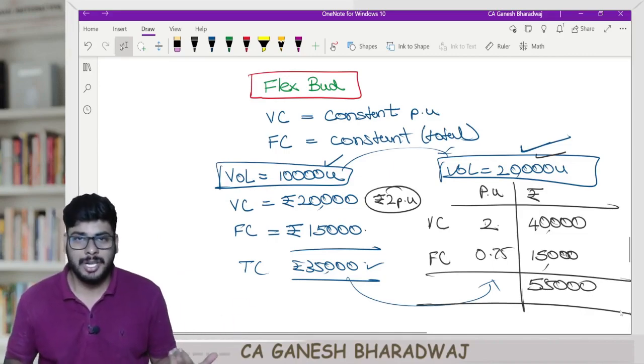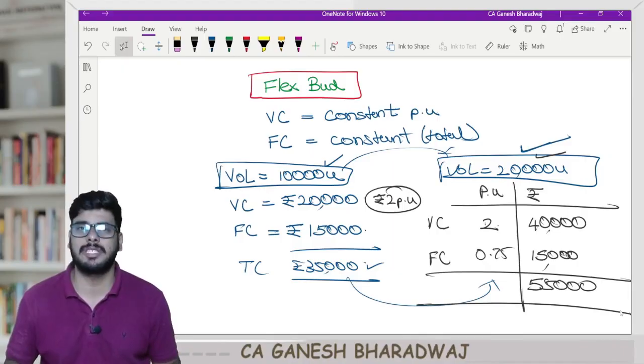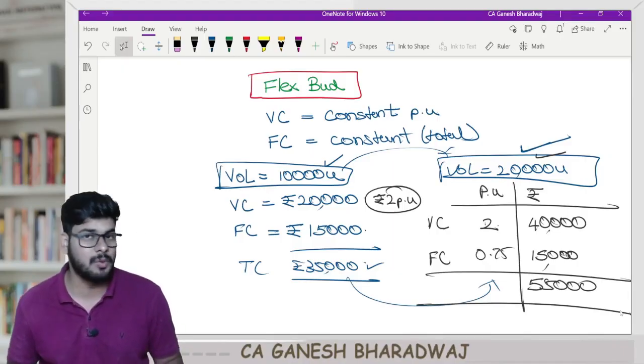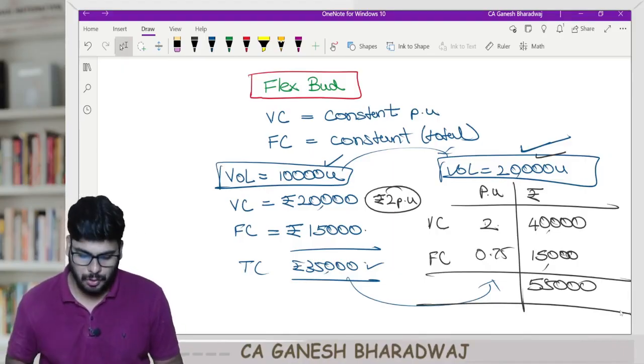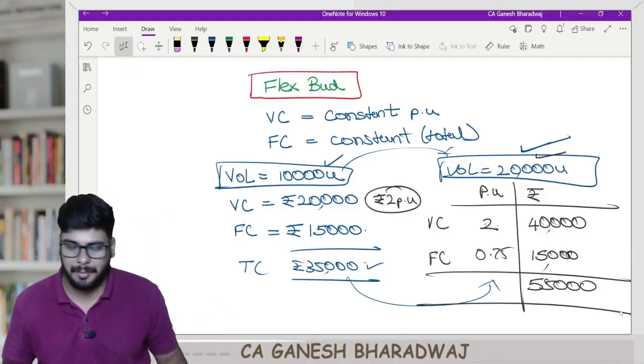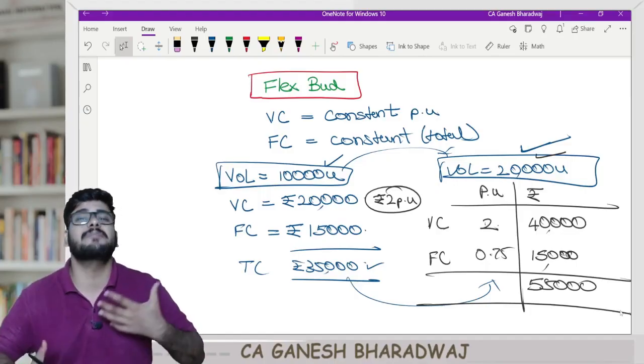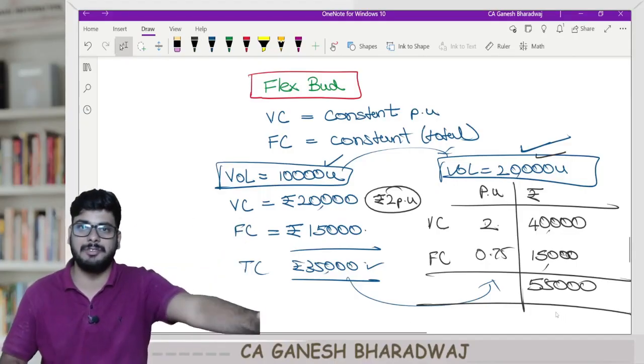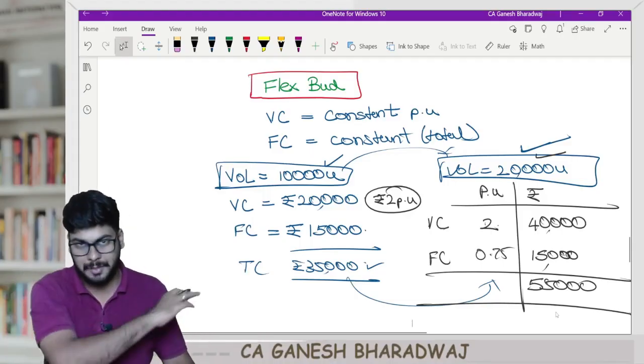So now basically this is all about the concept of flexible budget. You need to know that variable cost is constant on a per unit level, and fixed cost is constant in total. Variable cost makes sense only if it is presented on a per unit level, fixed cost makes sense only if it is presented in total.